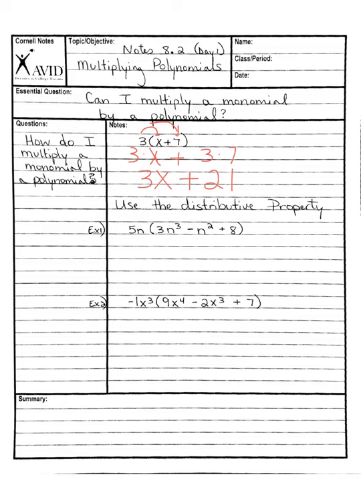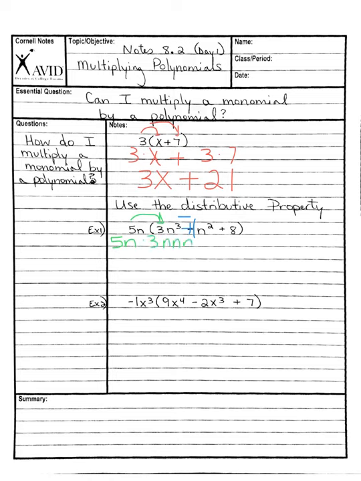I see that's a minus n squared. I'm going to put a 1 in there because I know that means 1. And I'm going to change this to plus a negative. So I would change all my subtraction to add the opposite. And now we're ready to distribute 5n times 3n cubed. Well, that would be a 5n times 3, and we can write it out, n times n times n.